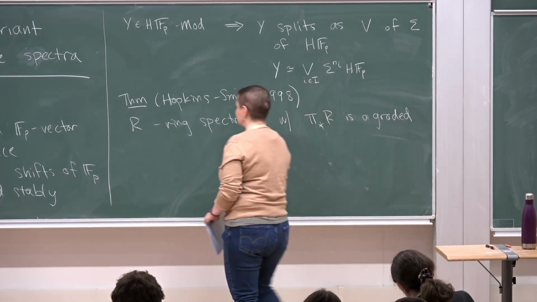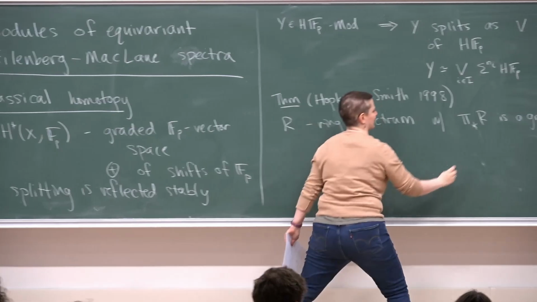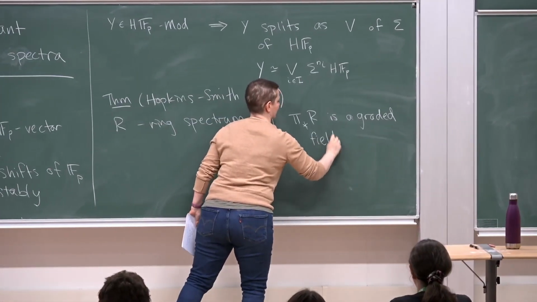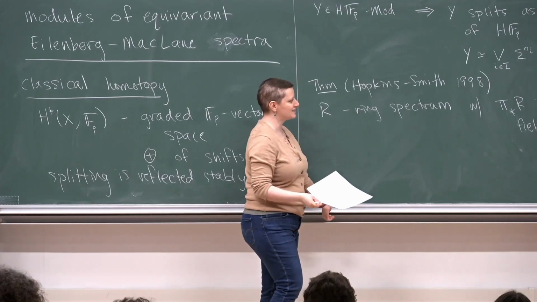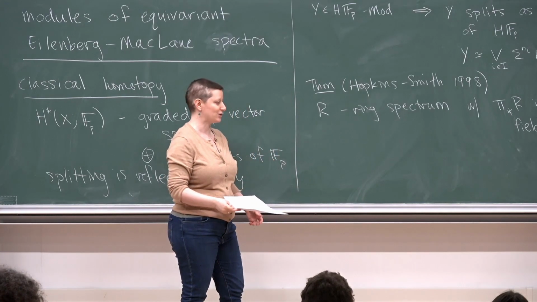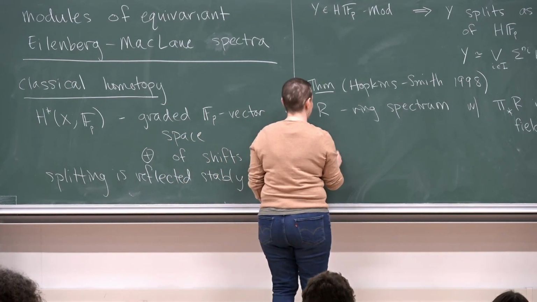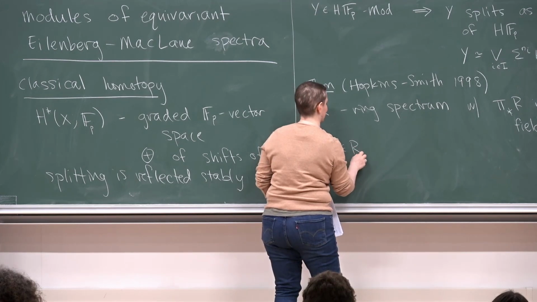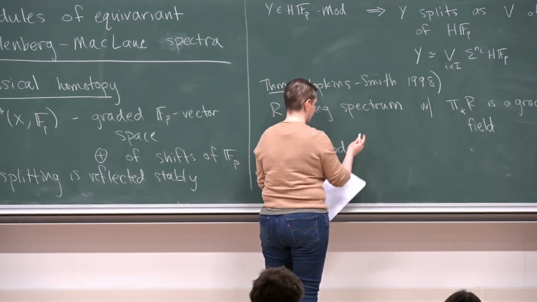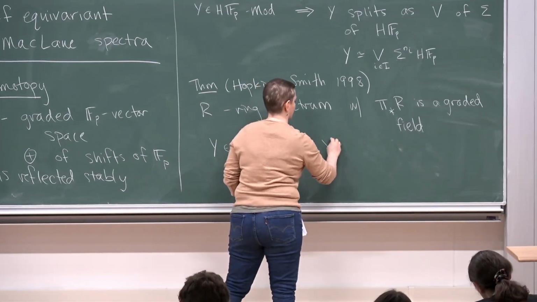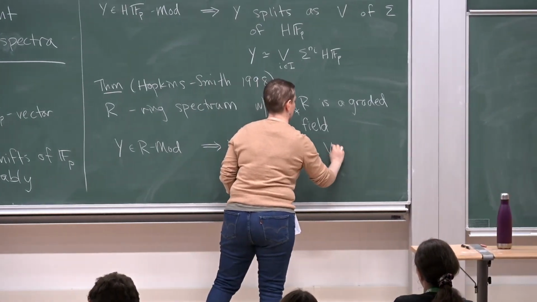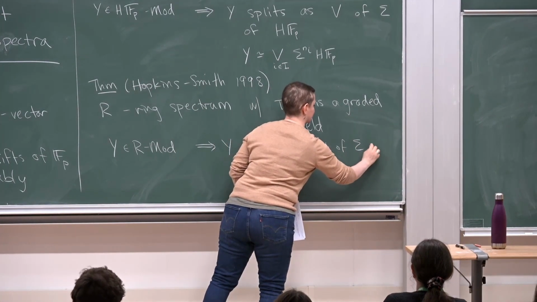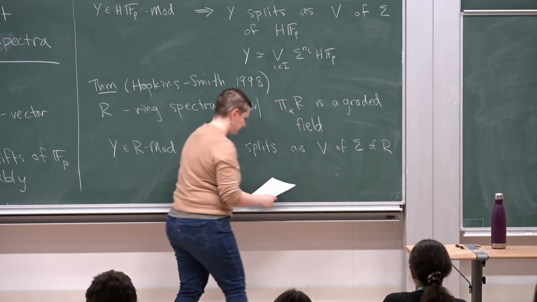So this is a graded ring in which every non-zero homogeneous element is invertible. Okay, and then whenever you're in that situation, if you have some module over that ring spectrum, then your module splits as a wedge of suspensions of the ring.